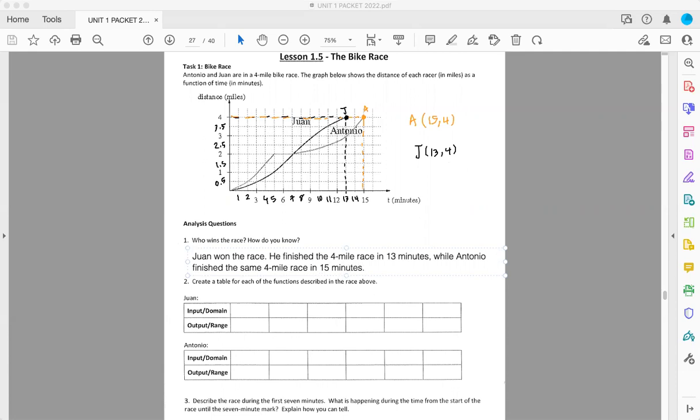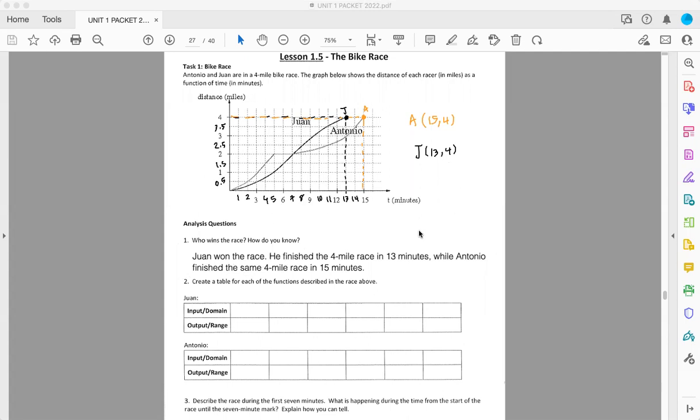Okay, you can say, don't add too much information. You can say Juan was 2 minutes faster, but you don't need to do that. Okay, so this is clear and good enough information to provide an answer, which is who won the race, and then to also say why he won the race. So this is the first part.